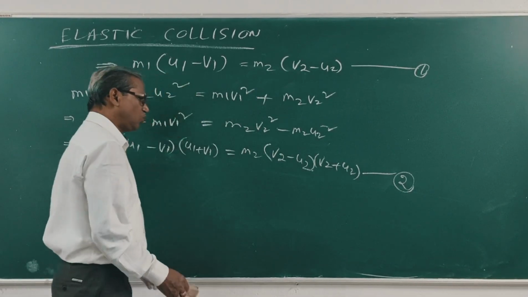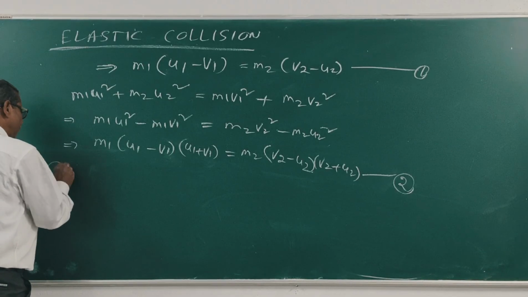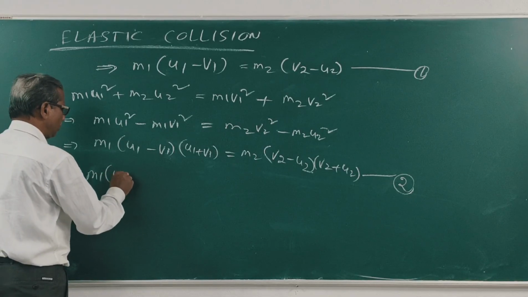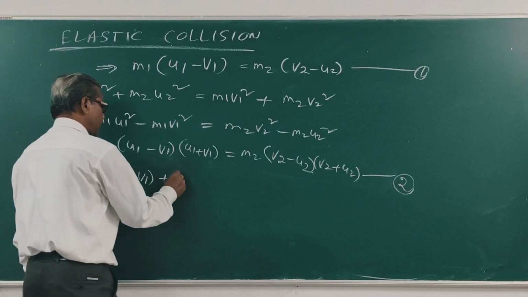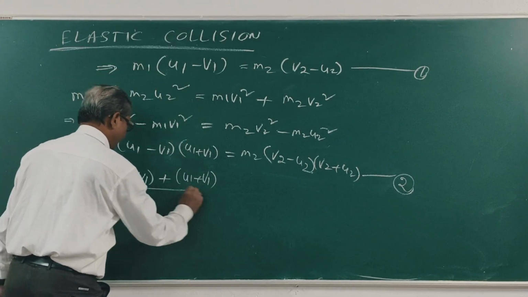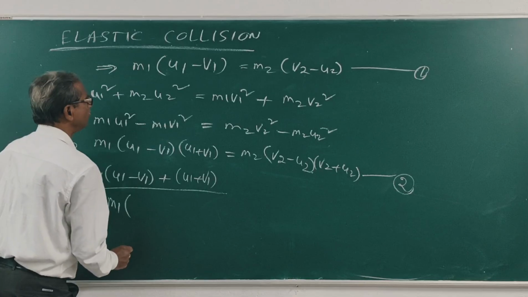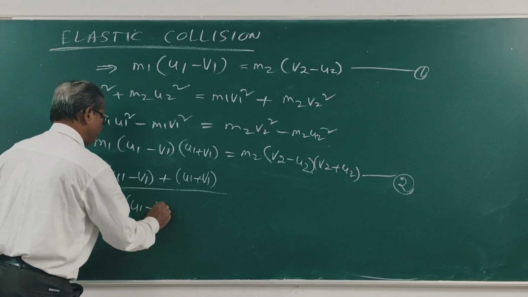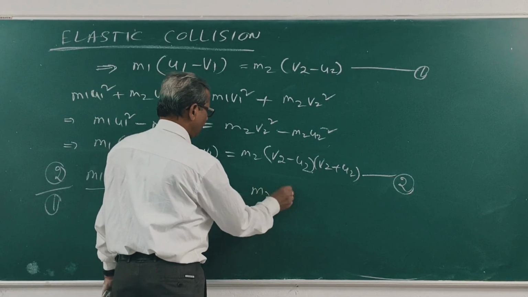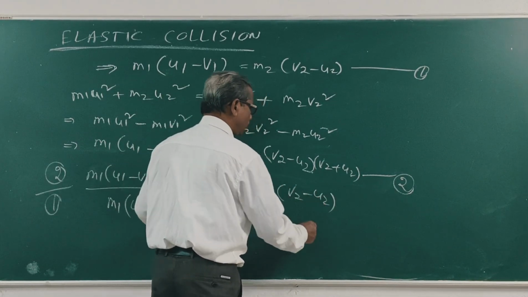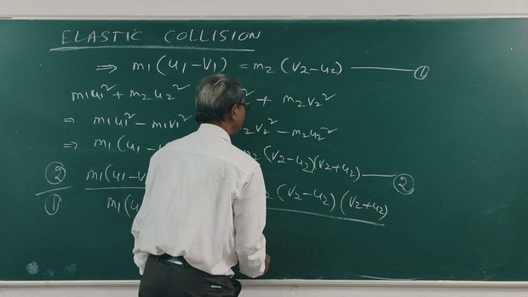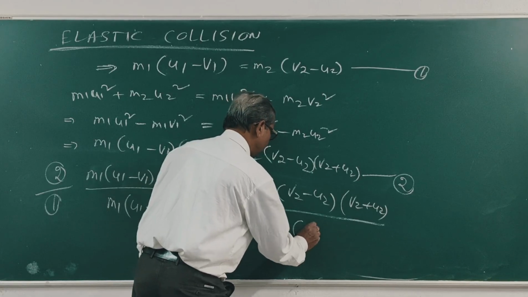Now equation 2 by equation 1. What is it? m1 into (u1 minus v1) into (u1 plus v1) by m1 into (u1 minus v1) is equal to m2 into (v2 minus u2) into (v2 plus u2) by m2 into (v2 minus u2).